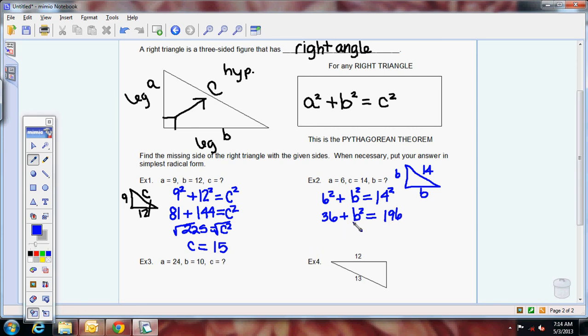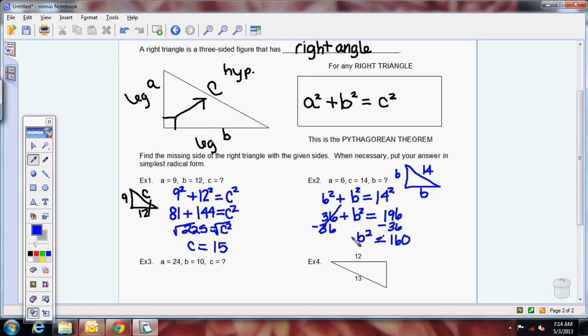Now this one's a little different because B squared is right in the middle of the equation. So remember, solving equations, we're going to subtract 36 on both sides to get that B squared by itself. So this cancels out. So B squared equals 160.